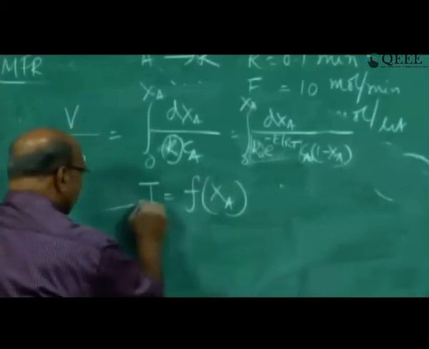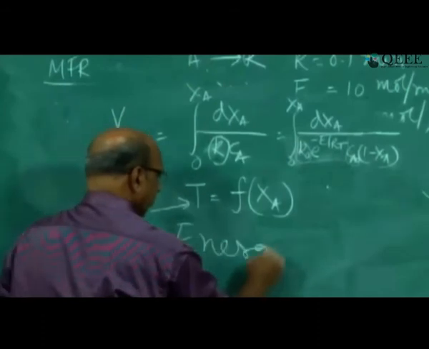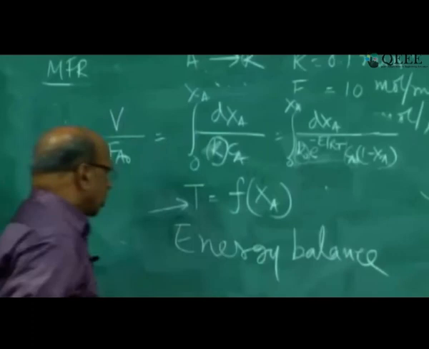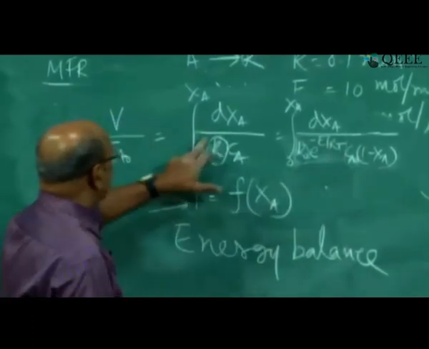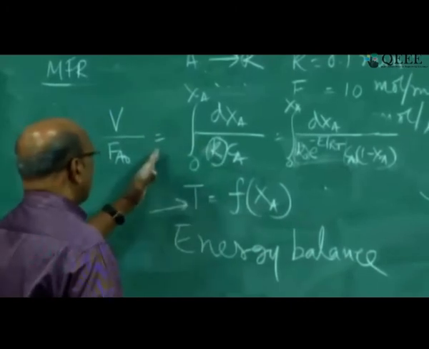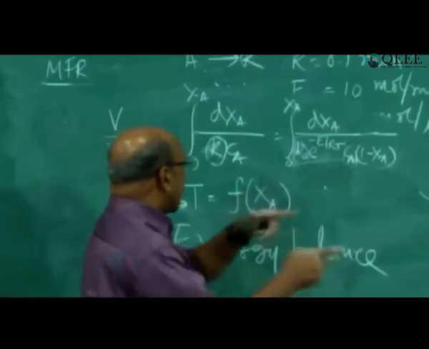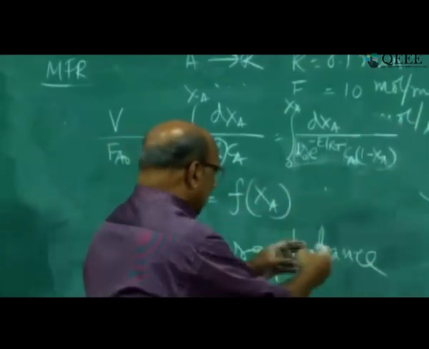So this information you get from energy balance. So for isothermal, this is not required because this is constant k, which I can take out. It won't come into the integration. But now if it is non-isothermal, temperature is changing inside the reactor when the things are moving.